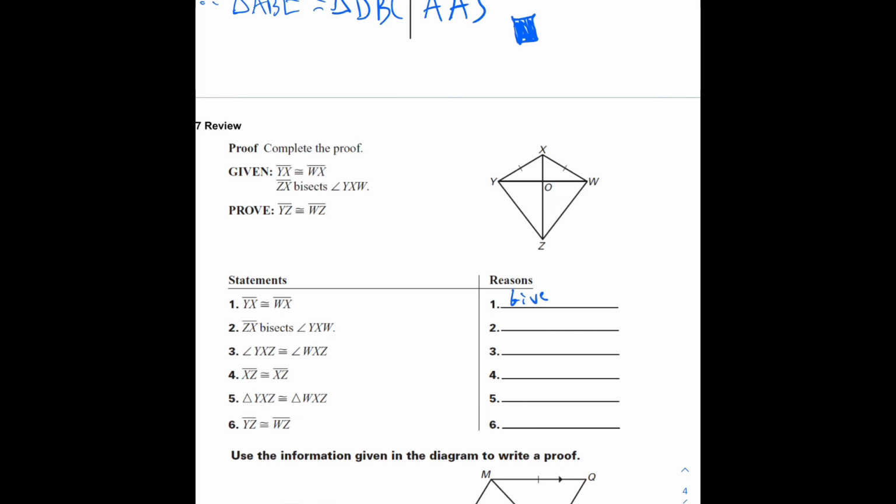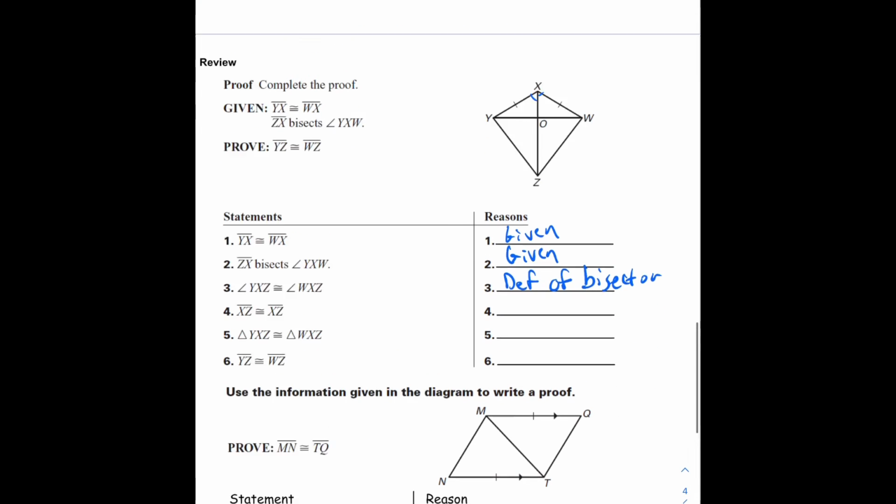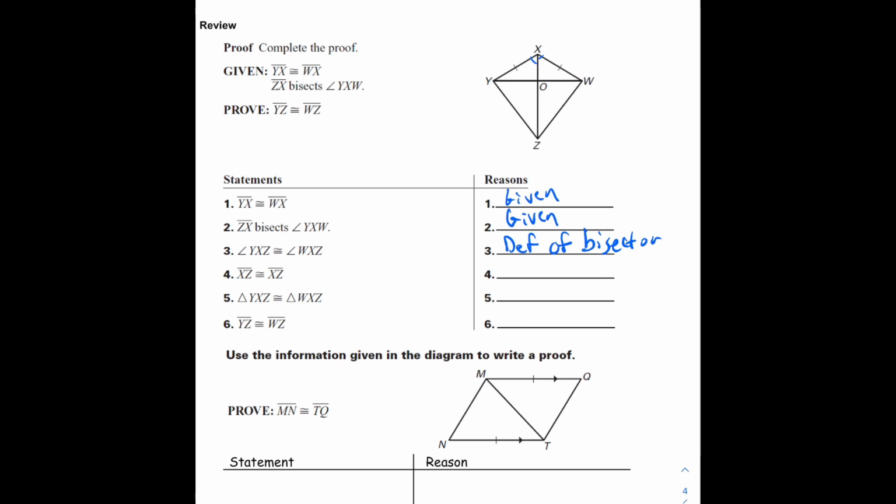Start with your givens. If it's not marked, mark it. ZX bisects this angle, which means cuts it in half. So this is congruent to this. So that is the definition of a bisector. The word bisect means to cut in half. XZ is congruent to XZ. That's the reflexive property.